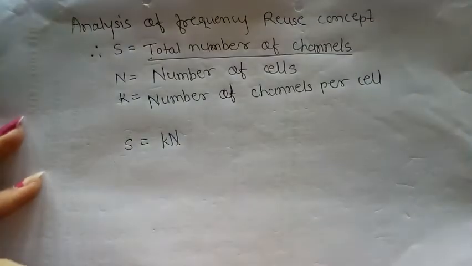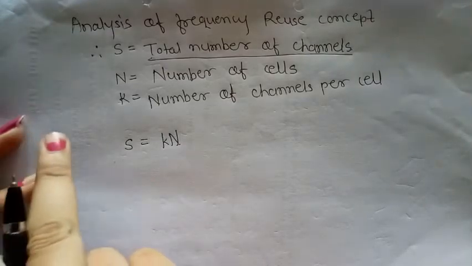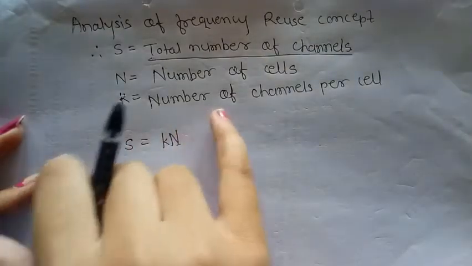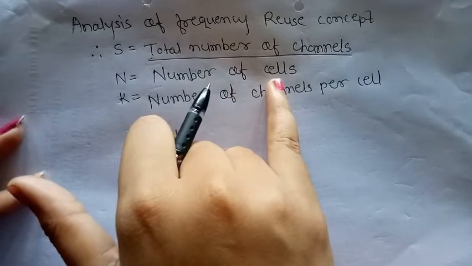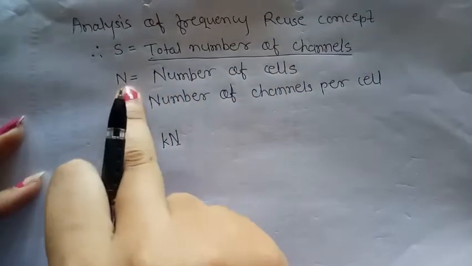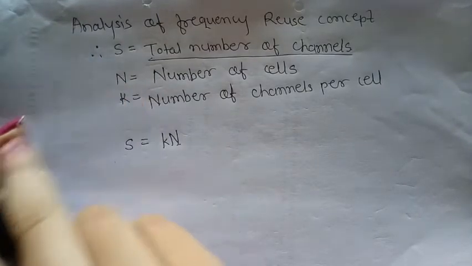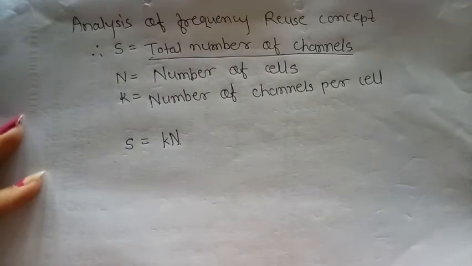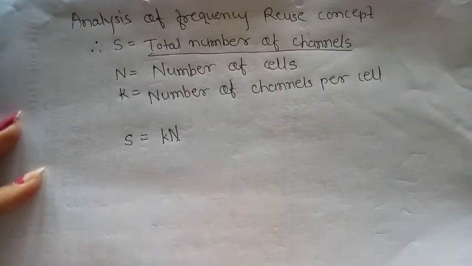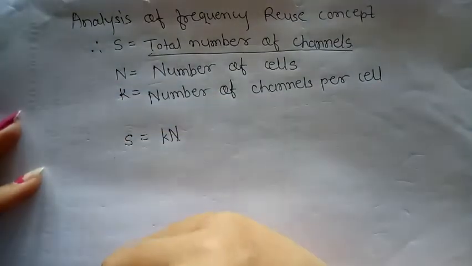This means the N number of cells collectively use all the available frequencies, that is, the channels. In the previous lecture we discussed that in one area there are different types of cells; in one cluster there are many cells.